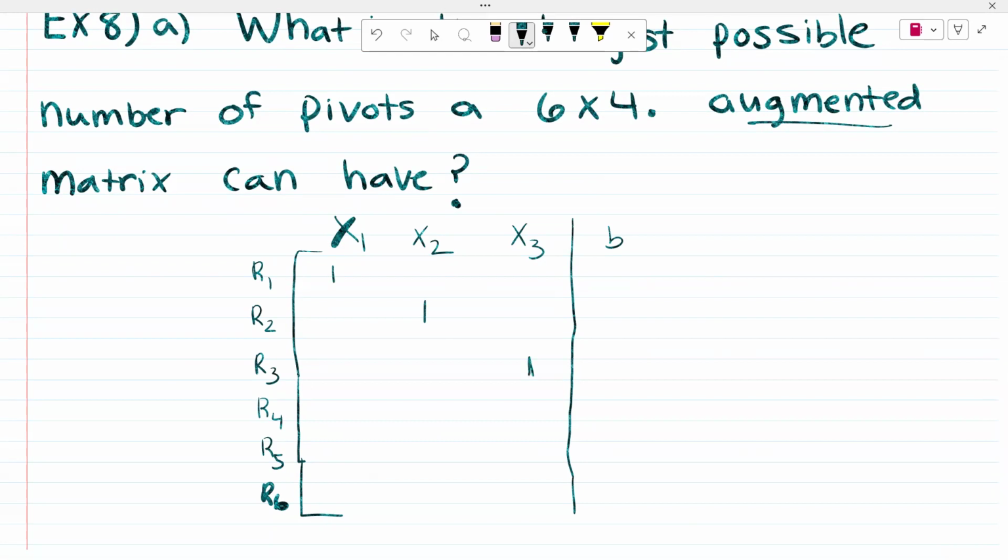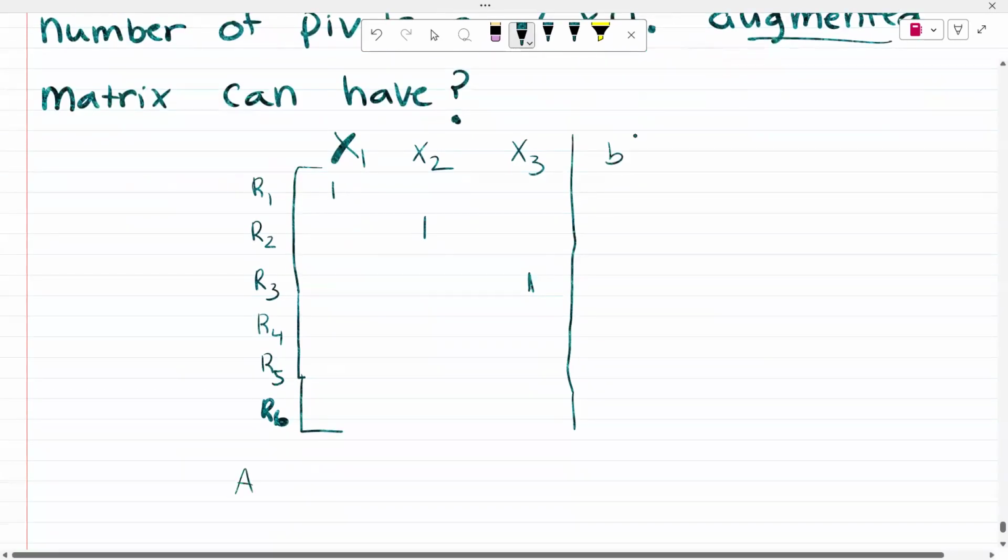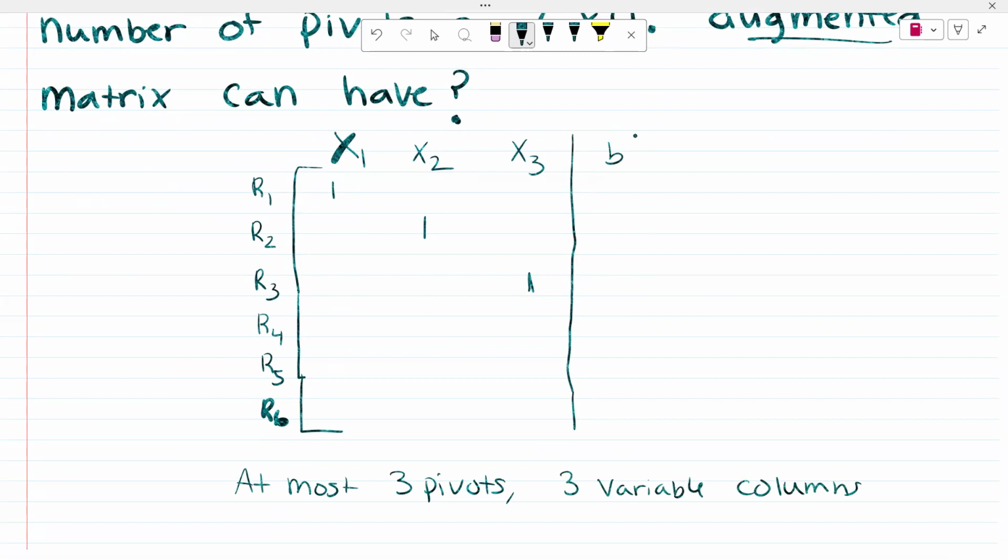You would have at most three pivots and 3 variable columns. We can't have a pivot at the wrong spot. Okay, so yeah, we'll have three pivots and three variable columns.